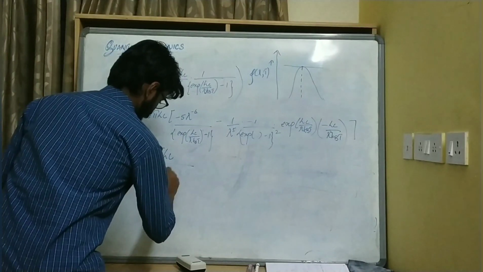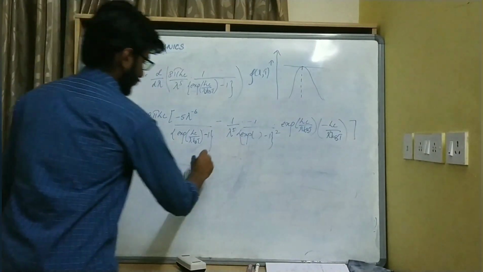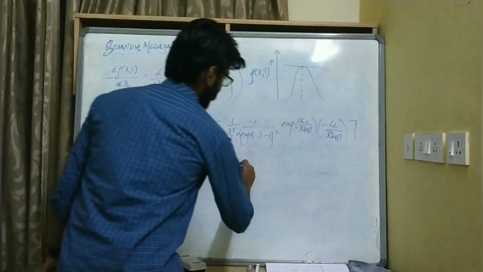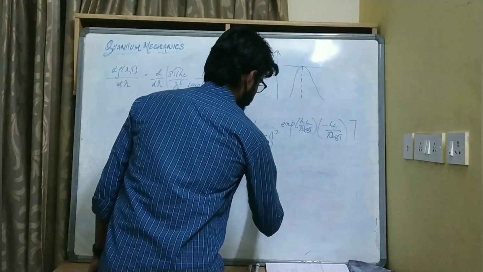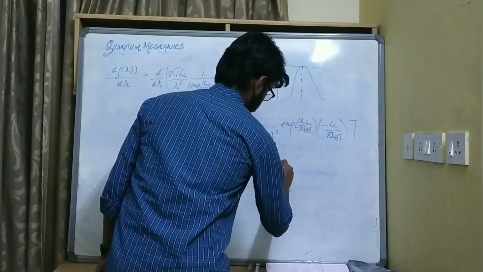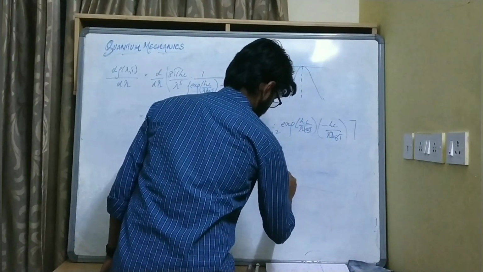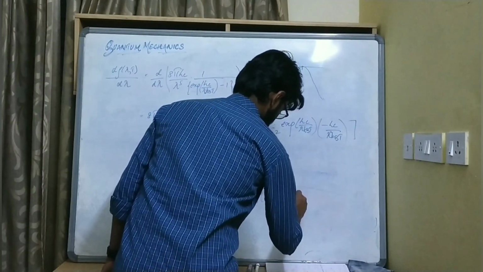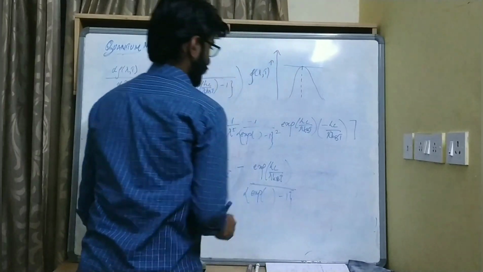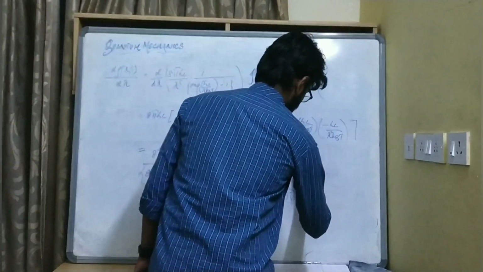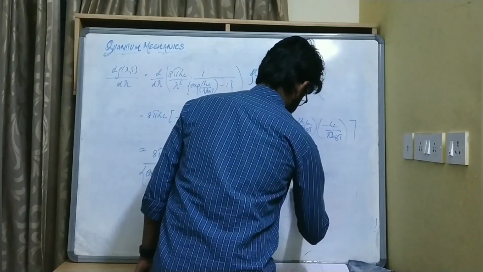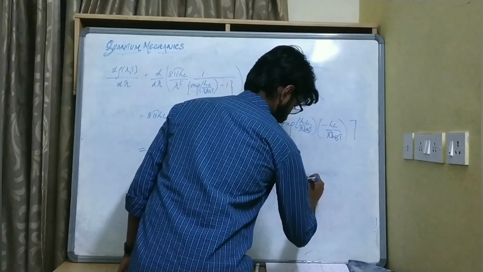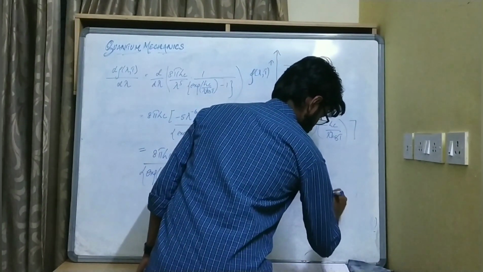Exponential bracket minus 1, minus 5 by lambda to the power 6, minus exponential hc by lambda kB T by exponential bracket minus 1 squared, times, this should be a plus, hc by lambda to the power 2 kB T, and there is a 1 by lambda to the power 5.